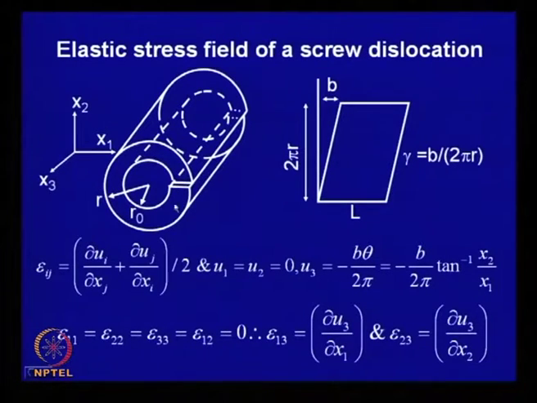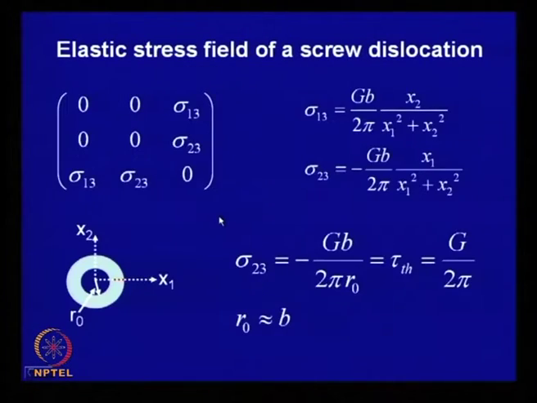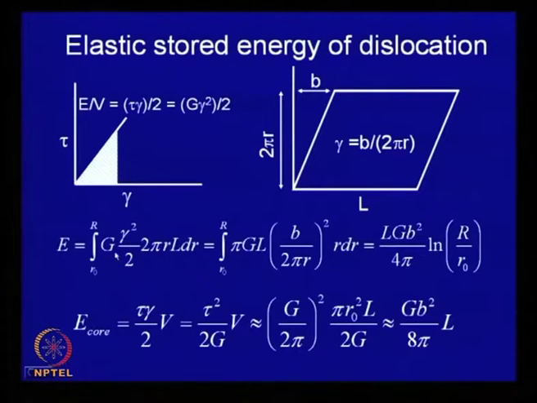That means at a definite r the stress is the same, but as you go beyond, the stress or strain keeps on changing. So, in order to calculate the stored energy per unit length of the dislocation, what you have to do is consider a thin cell like this of thickness, let us say dr, repeat this calculation, which is shown here, and integrate.